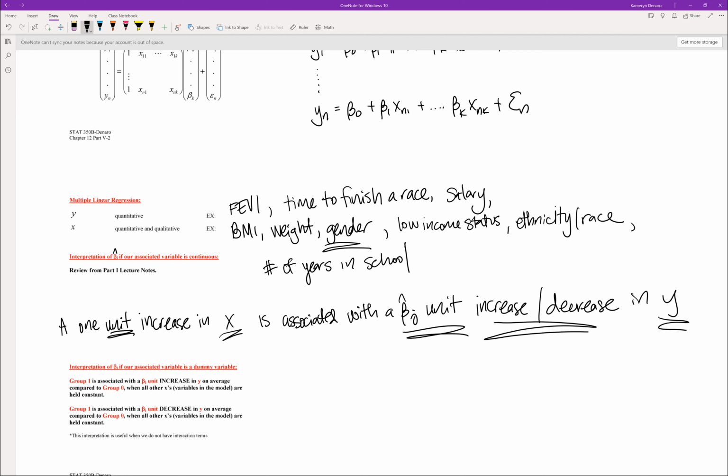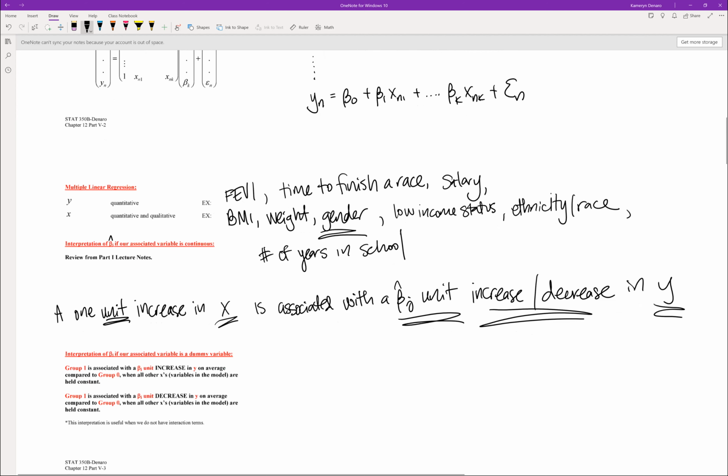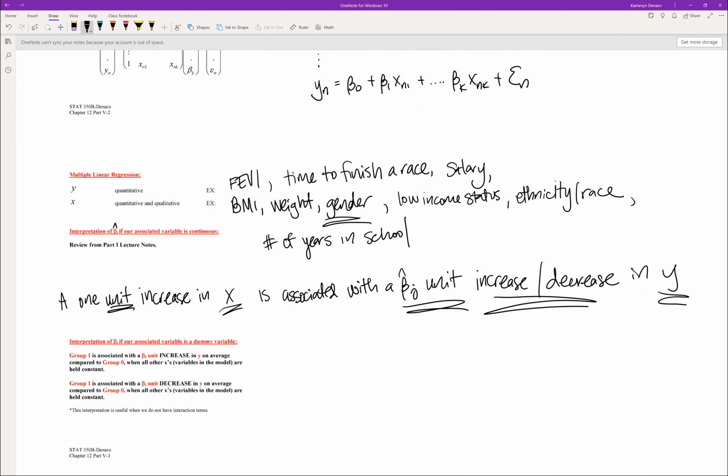However, if we have a qualitative variable, no longer quantitative, and say we set up an indicator variable. We're not going to use the word dummy variable; let's use indicator variable. So for example, let X equal a flag for gender being female.